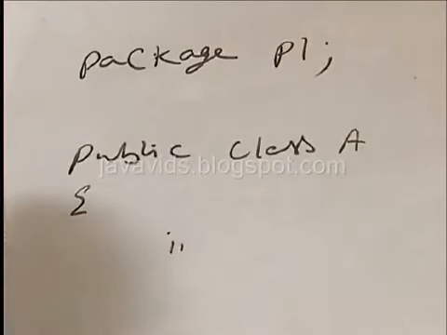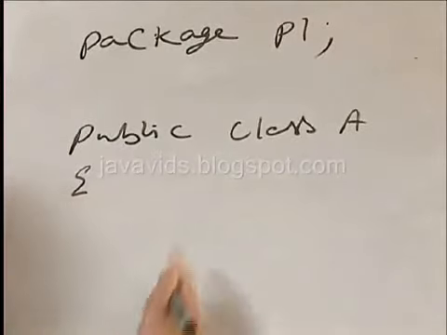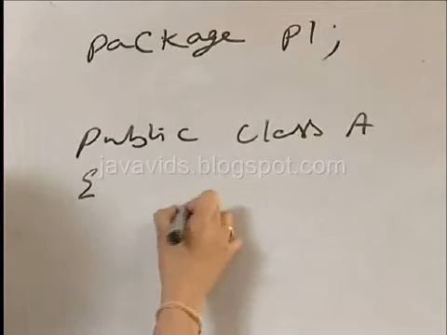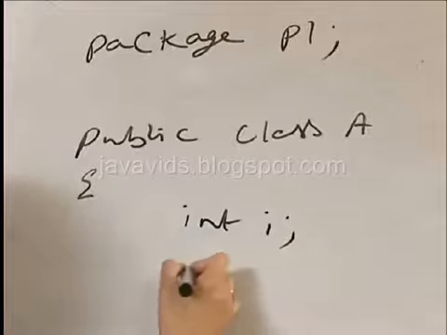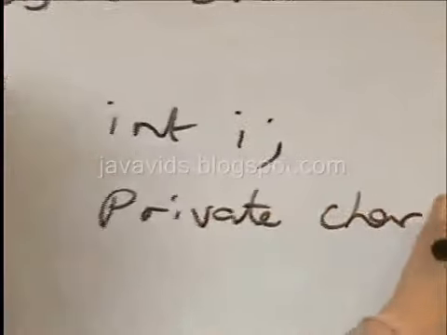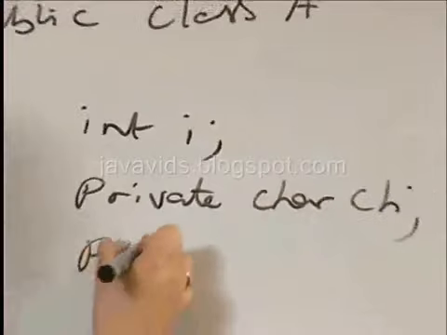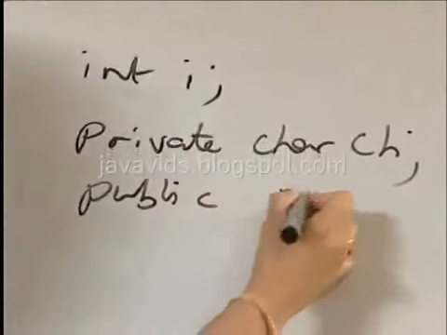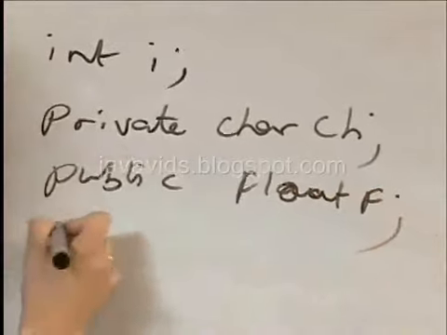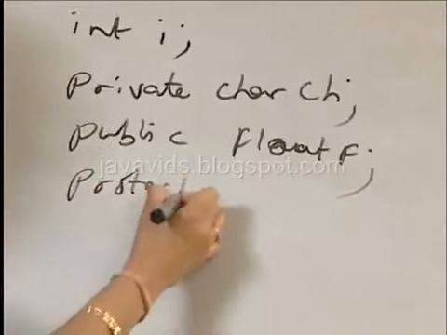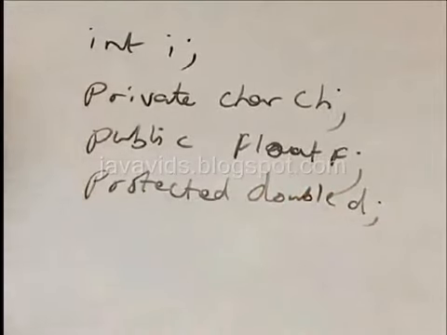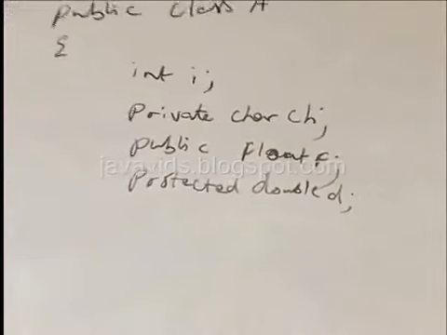Let's assume it has a couple of instance variables, that is variables in the class. Let's call them int I, private char ch, public float f, protected double D. Now let's see where all we can access these members.